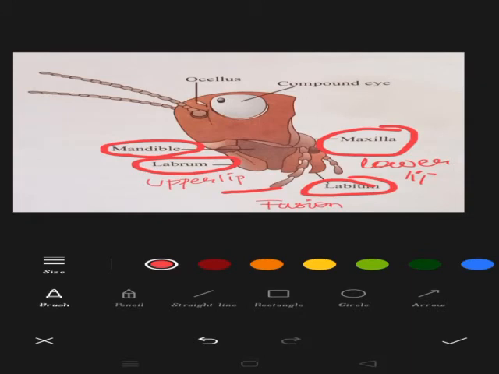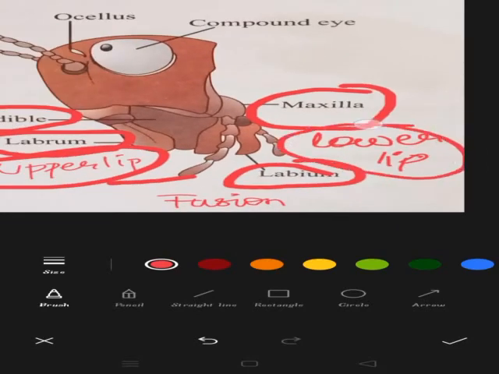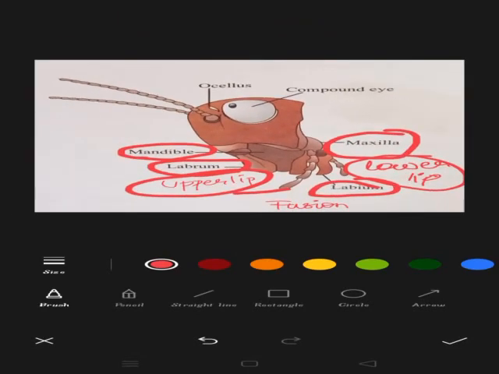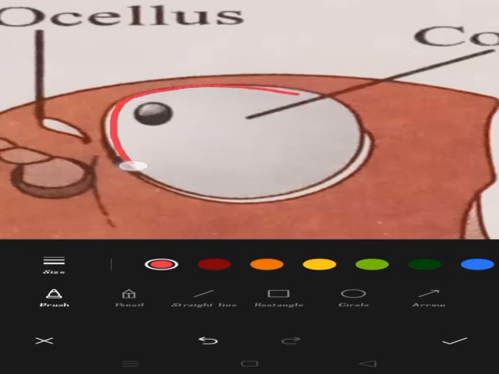In the cockroach, the upper lip is the labrum and the lower lip is the labium. And here you can see, this is a compound eye.